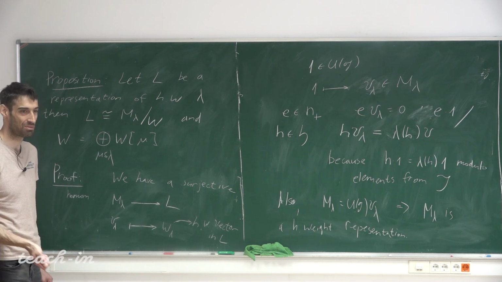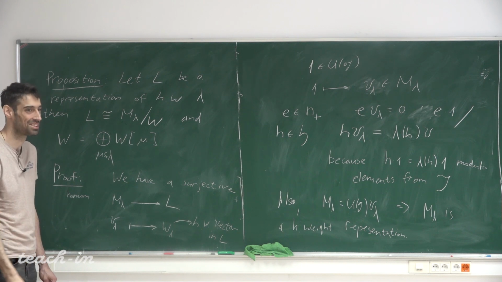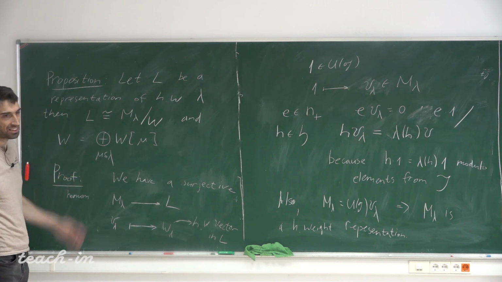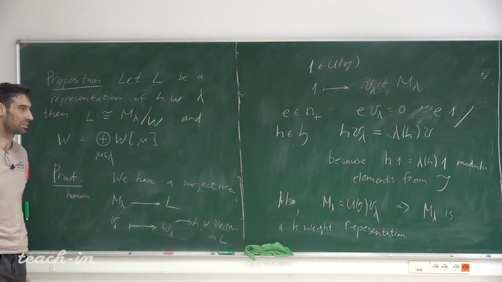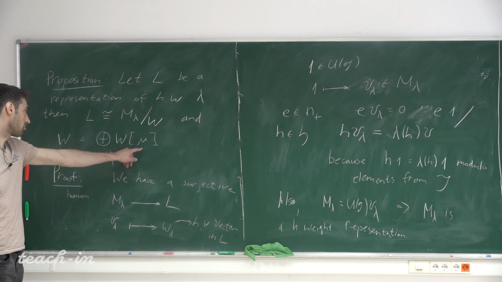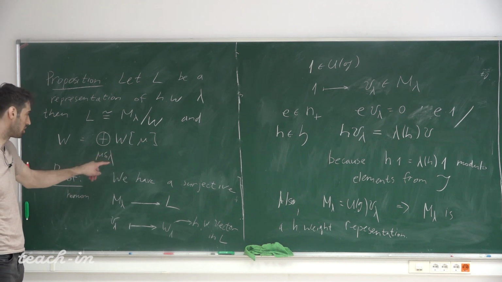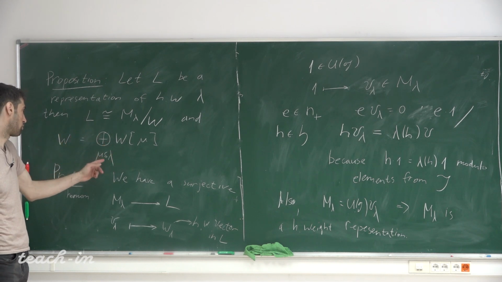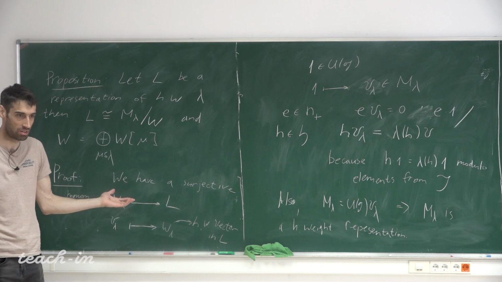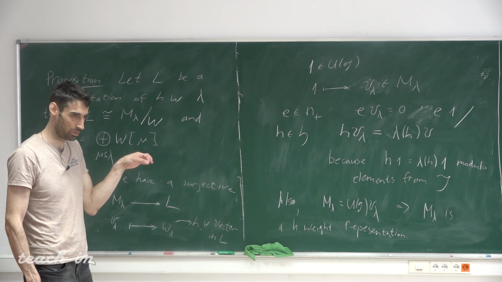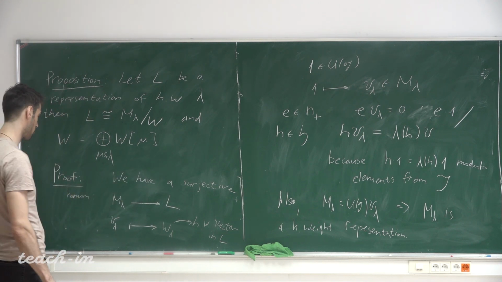Of course, you can kill M lambda by factoring by M lambda. But I never said anything incorrectly, right? Less or equal includes less there. Because I never said that W of mu for each mu in here should be non-zero. W of lambda, in the majority of cases, will be zero. It will not include the highest weight vector. Otherwise, my L is zero.